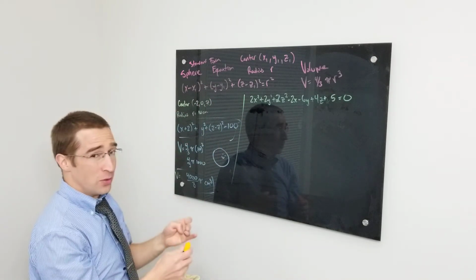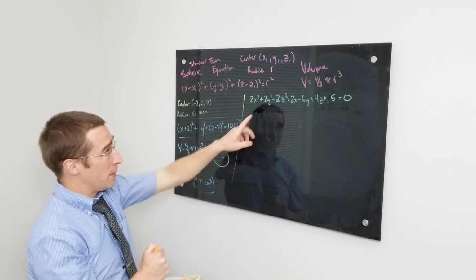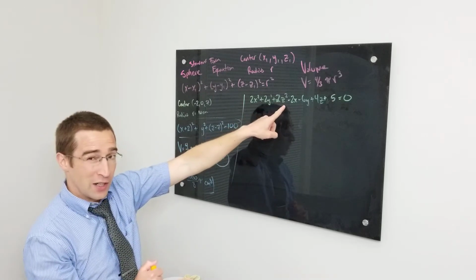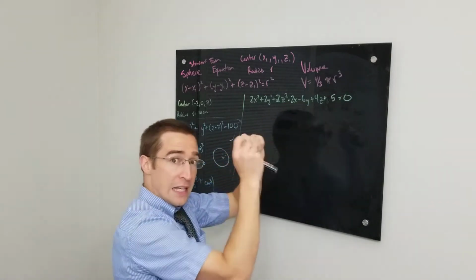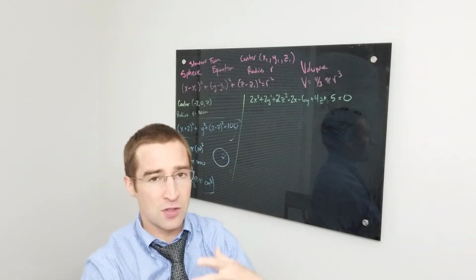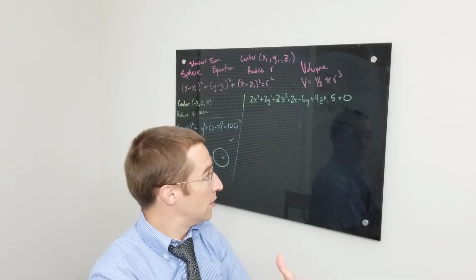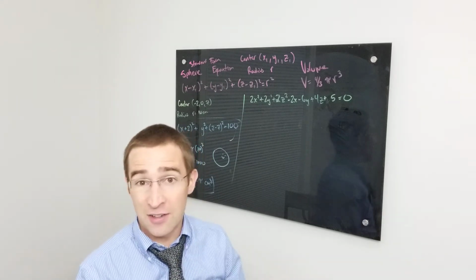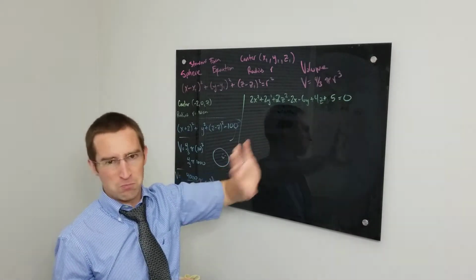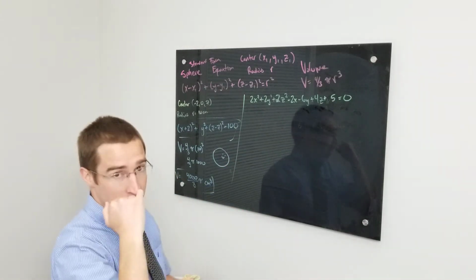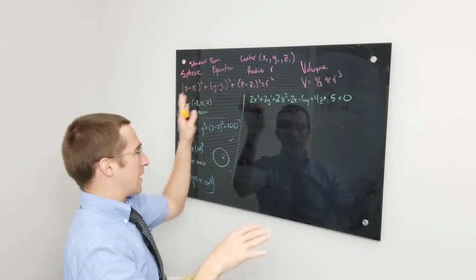What we want to do is make this just x squared, y squared, z squared. And because the coefficients on the linear terms, the x, y, and z, are all even, we can just divide everything by 2 and deal with the fact that we have 5 over 2 here. That's okay. And you could do this by factoring out the 2 and multiplying it.